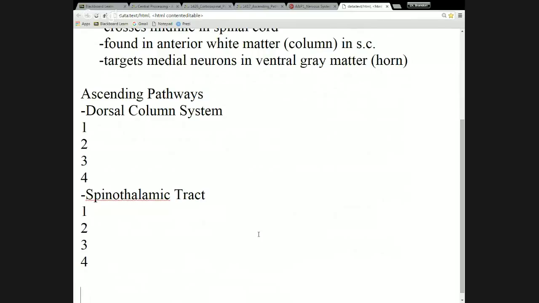So if you find some reference to the dorsal columns and they include something else in the name, that's just adding a level of information that I'm not adding here. Or there are actually multiple spinothalamic tracts, as the labeling in the picture I'm about to show you points out. But I'm just going to think about that one tract here.